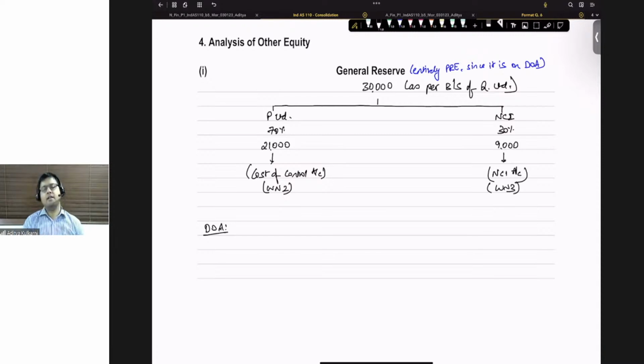So just revisit the concept, the 6-step model. First step, identify the acquirer P Limited. Second step, date of acquisition 1st April 20x1. Third step is purchase consideration 36,000 lakhs. Fourth step is net assets. In this case is given to be 50,000. Okay. So purchase consideration is 36,000. Add NCI at fair value. I'll do at fair value first.